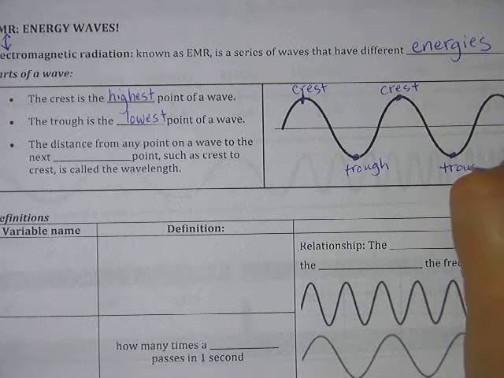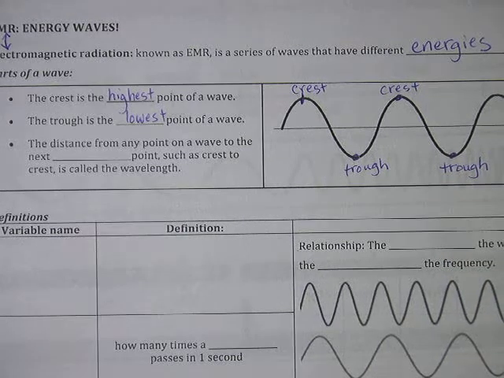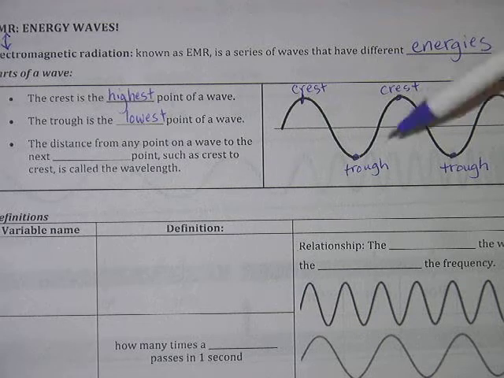And that's true for all waves, not just energy waves, but any waves: sine waves and cosine waves, which you'll eventually talk about more in your math classes, sound waves, light waves, even ocean waves. The high part is the crest, the low part is the trough.